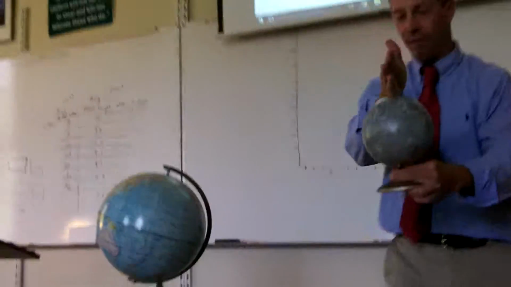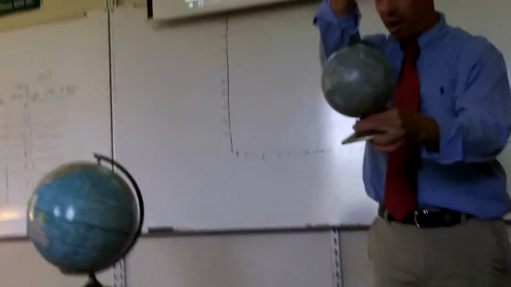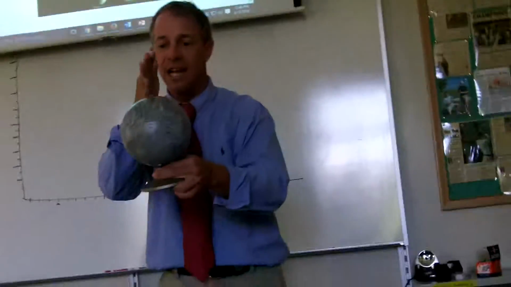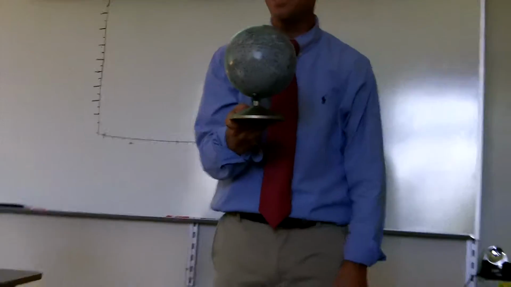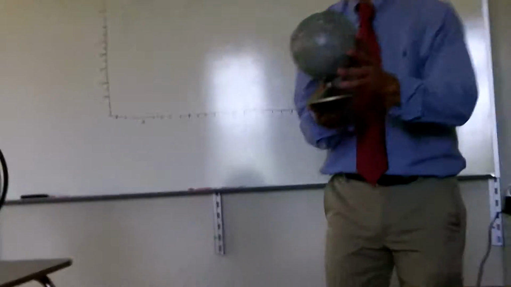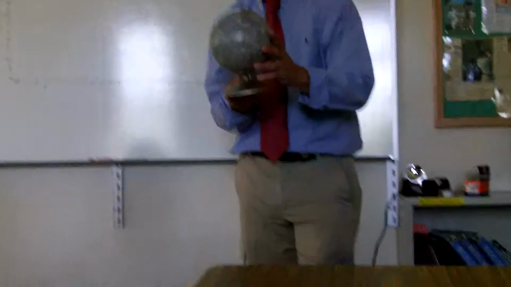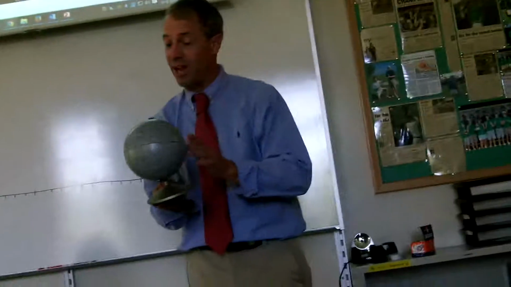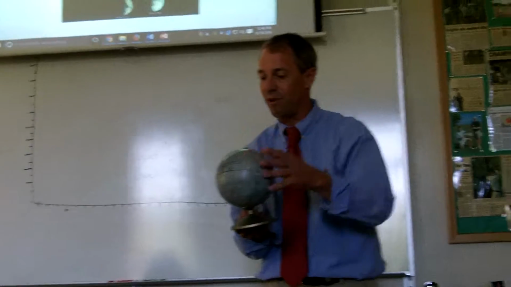So, remember, when you're looking at this model, the half pointed toward the sun is bright, and the half pointed away from the sun is dark. Does that make sense? Always. Is it always the same side? It's not always the same side. I'll show you why. The moon actually turns, so different parts of the moon get lit.